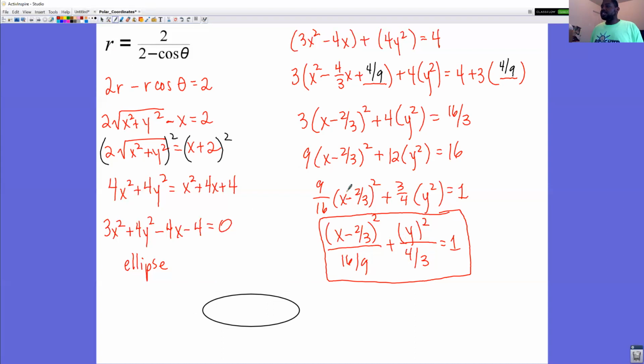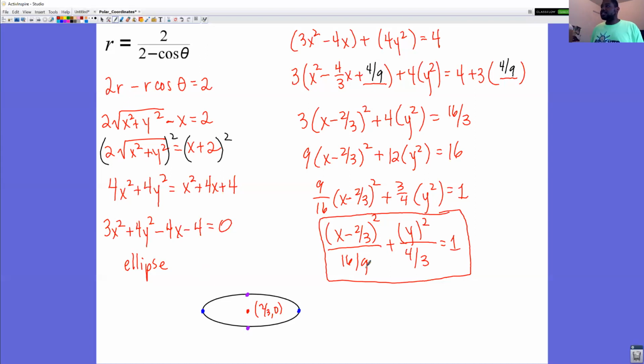And from this equation, the center is at +2/3, 0. And then I need to figure out what my vertices are. So I need these points here, I need this point, and then I need this point and this point. Okay. And so to get this, I need to find out what my radius is.